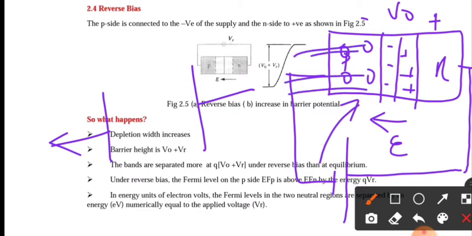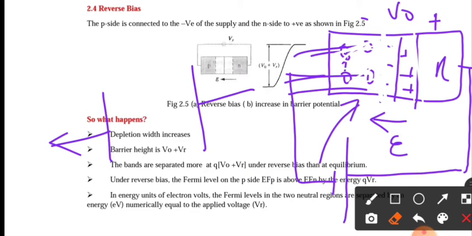So they will move apart from the junction. So at the junction the depletion region width will increase. There are no charge carriers at the junction, so they will move towards the sides of the silicon bar.